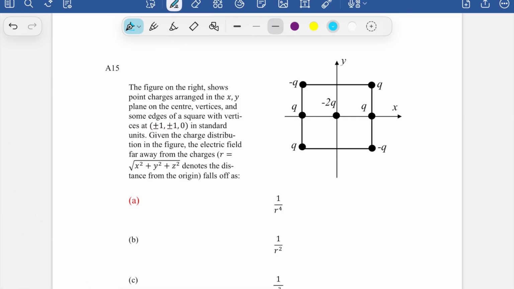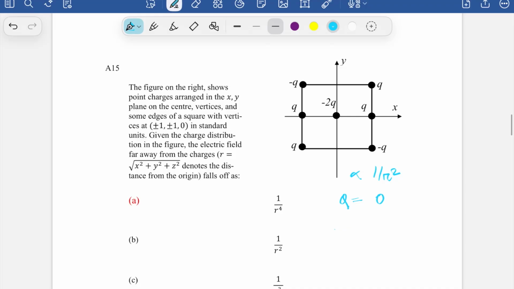Question 15. As you can see, there is a configuration of charges. For this problem, you can do a multipole expansion. If you want, you can refer to Jackson. The first contribution will come from the monopole term, which goes as 1 over r square, and this term will not contribute as the total charge is equal to 0.